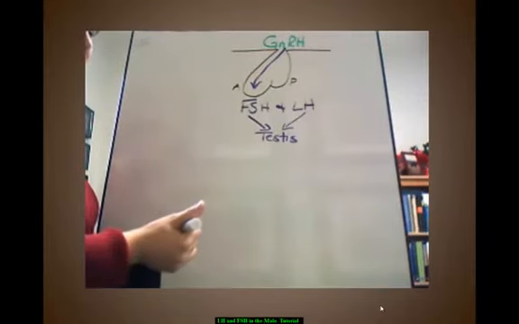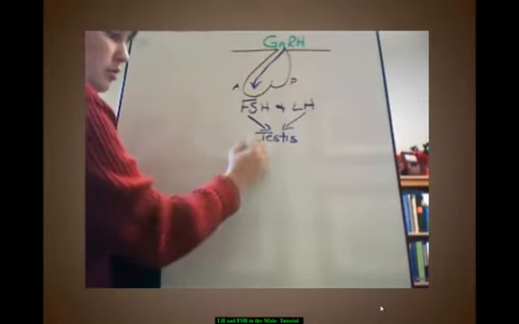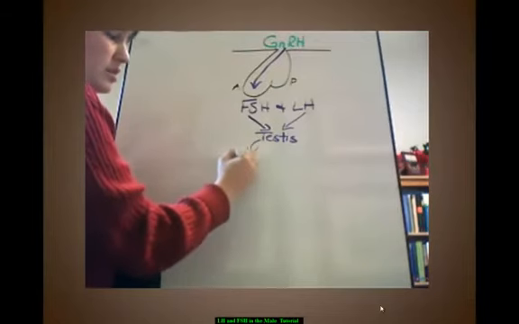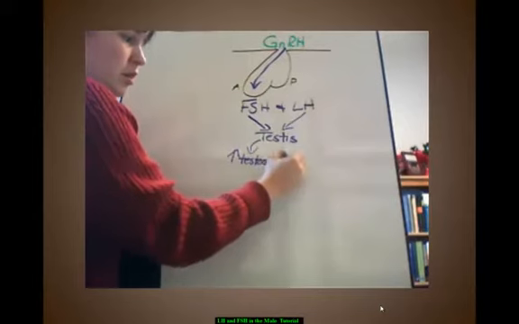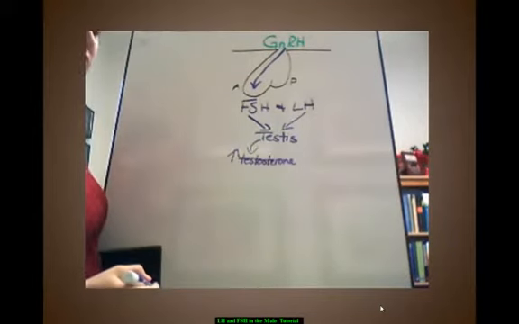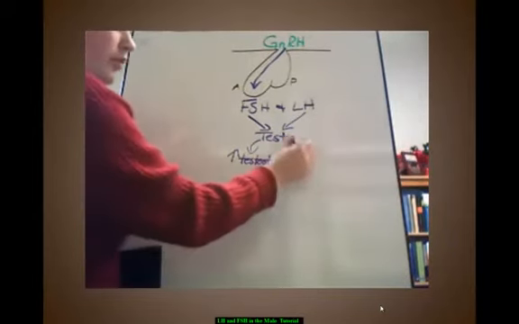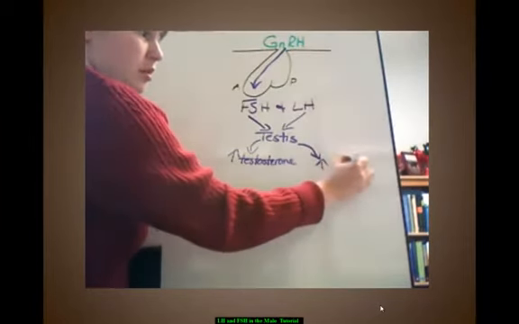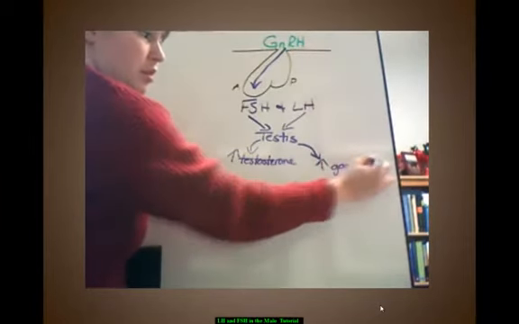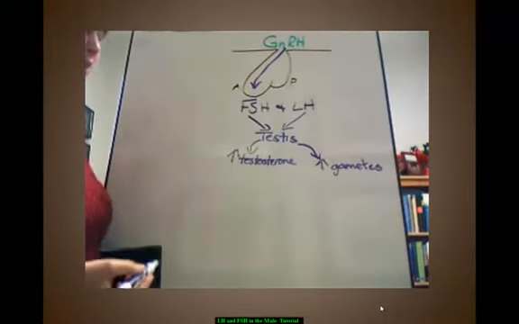Remember, the first function is androgen production, so we're going to secrete testosterone. And testosterone is the male androgen. And we're also going to see an increase in gametes. In the male, this is the production of sperm.